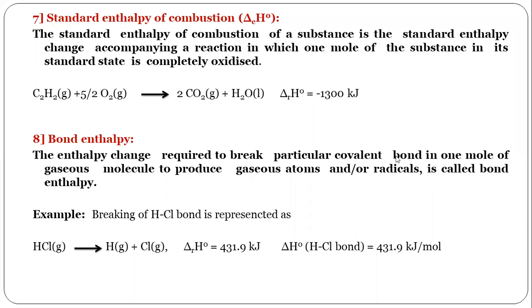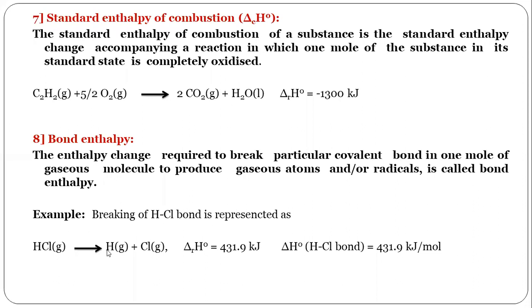Here radicals are also given because in some cases, when the bonds are broken, free radicals are formed. This mechanism is introduced in halogen derivatives, free radical mechanism. But we are not interested in that mechanism. We are interested in bond enthalpy, means energy change, the enthalpy change required to break a particular covalent bond.